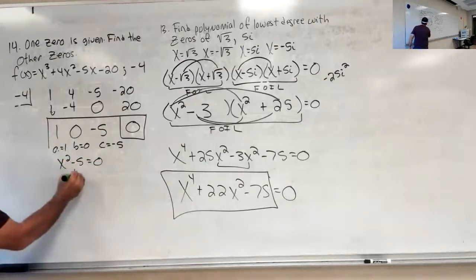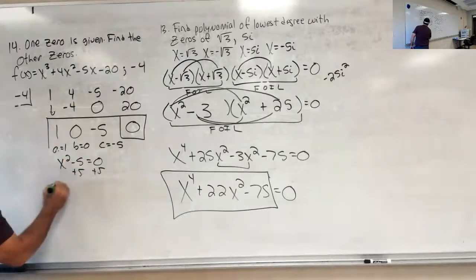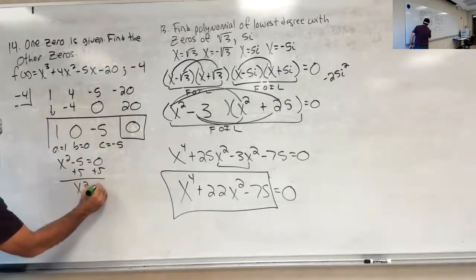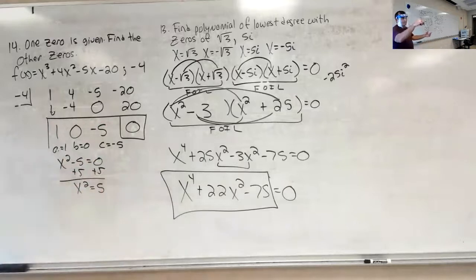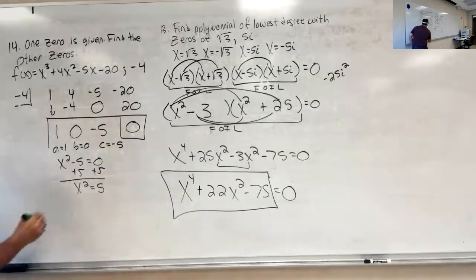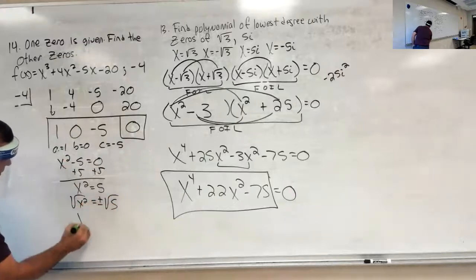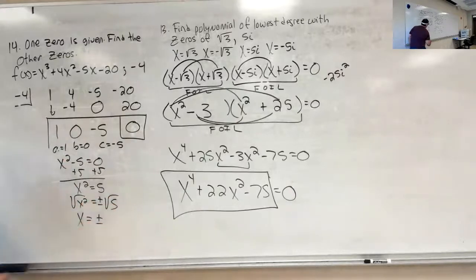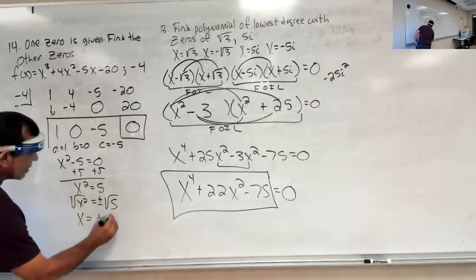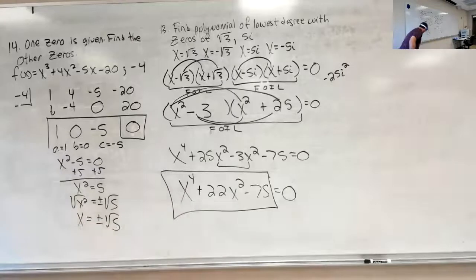So on this one, you could add 5 if you wanted to solve it like this. x squared equals 5, and then square root it like we did earlier, right? So x is going to be plus or minus. Can you do anything to that square root of 5? No, so that's just the square root of 5. So that gave me 2 zeros. They gave me the third one, so we're done. That's all 3 of the zeros, okay?